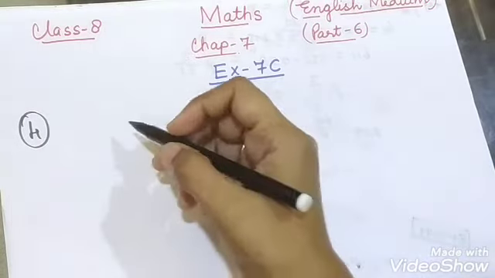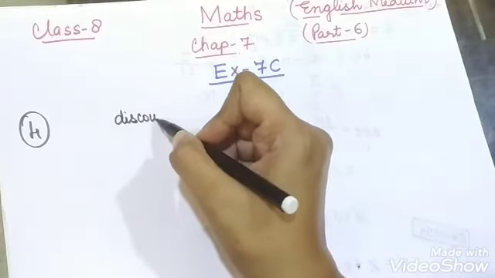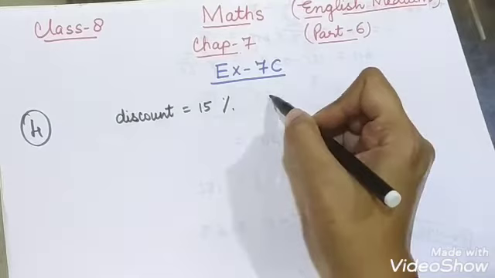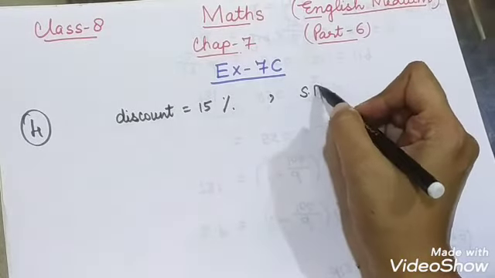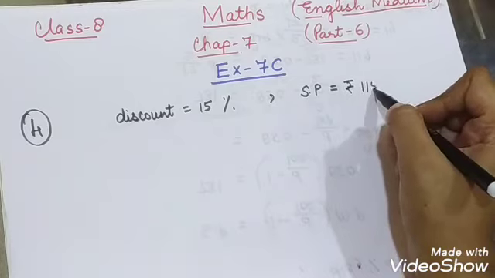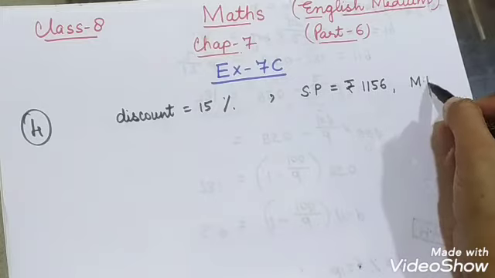So whatever is given, I will write here. Discount is given as 15%. Selling price is given, it is sold, so selling price is rupees 1156, and they are asking its marked price.